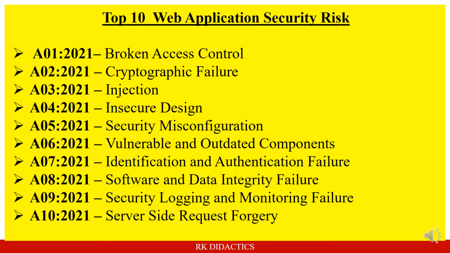Sixth risk is vulnerable and outdated components. Seventh risk is identification and authentication failure. Eighth risk is software and data integrity failure. Risk number 9 is security logging and monitoring failure. And the last, 10th risk is server side request forgery. We shall discuss all these risks one by one.